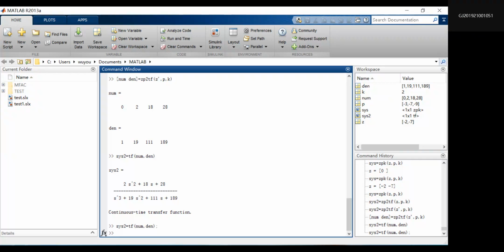If we do it by hand, it's easier: G1 times G2. But how to use Matlab code to do the series connection for you instead of doing it by hand?